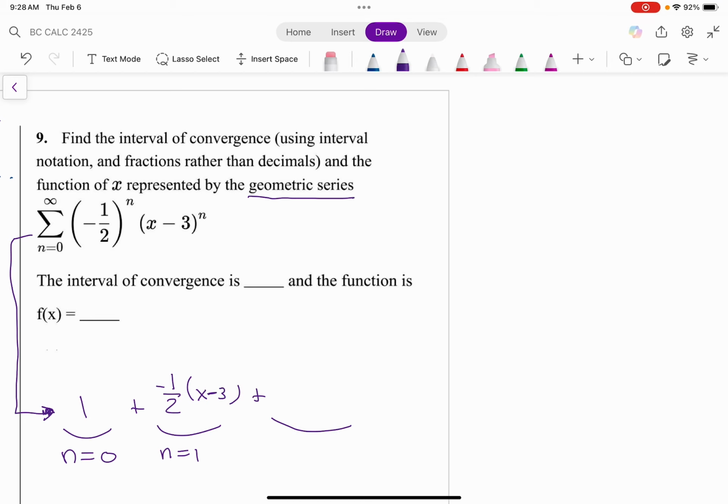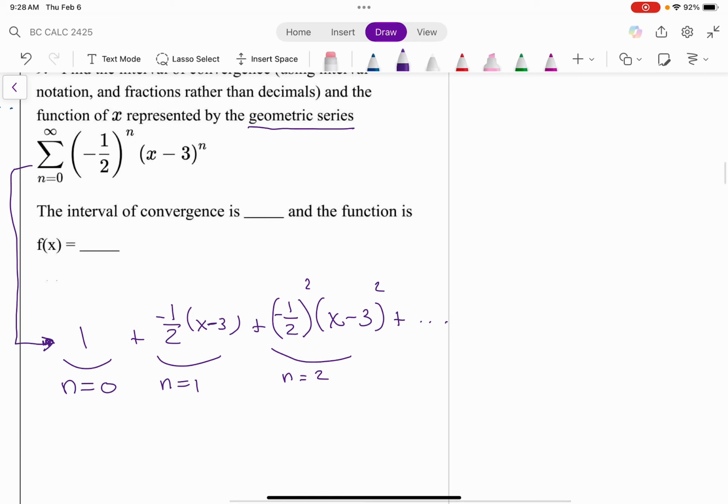And when n is 2, I get negative 1/2 squared, but that's positive 1/4. I can change that later. Okay, so far so good.